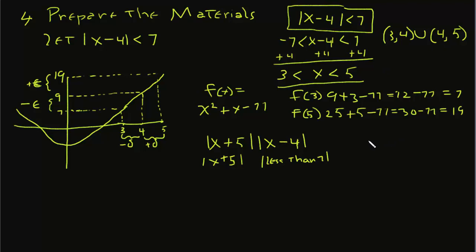Now, we can take that x is less than 5 and more than 3, and proceed from here by adding 5 to all parts to see what the range of y output is actually going to be. 8 is less than x plus 5, which is less than 10.